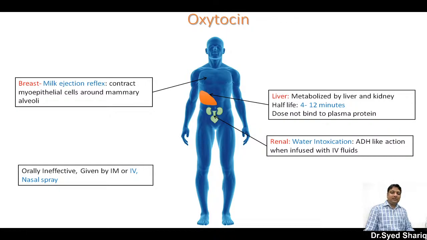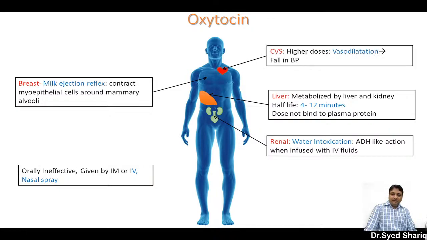If you are infusing a lot of IV fluid with the oxytocin, it might cause a lot of water retention, which may lead to water intoxication, which is basically dilutional hyponatremia, and edema all over the body. This can happen. So whenever you are going for oxytocin infusion, you have to be very careful about this water retention also.